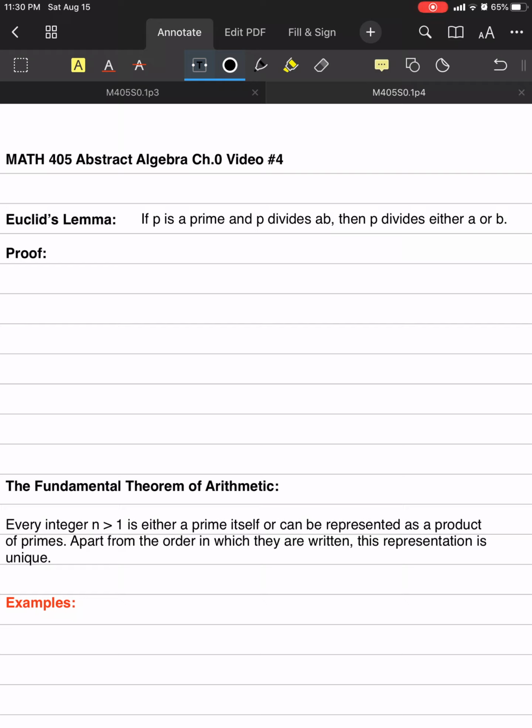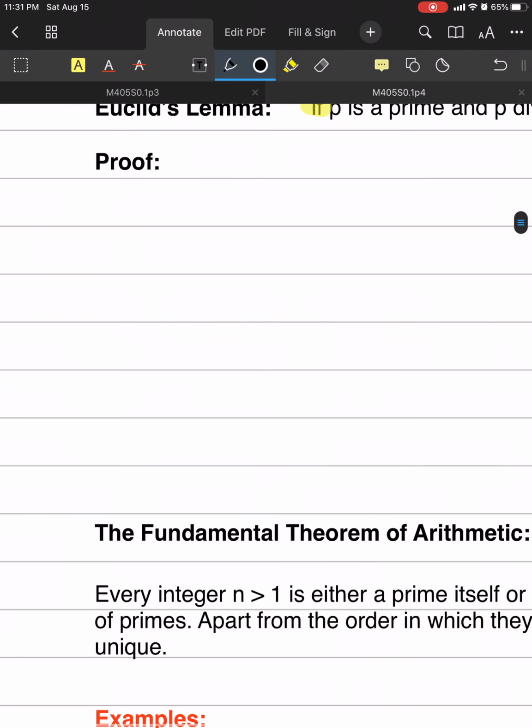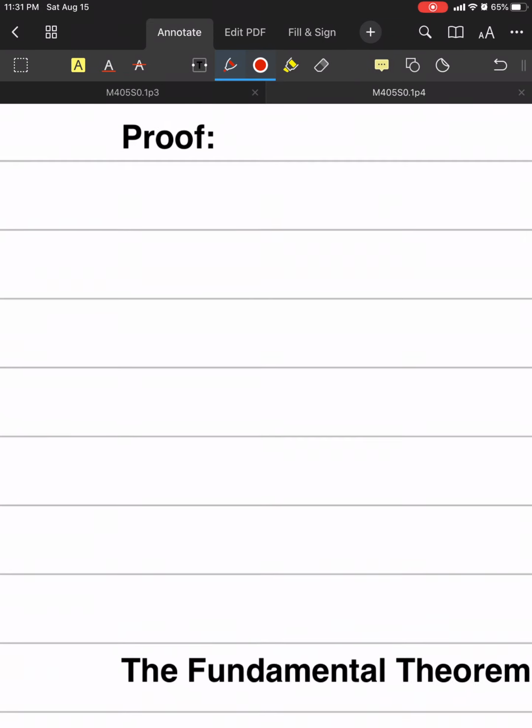So what I would like to do first here is to talk a little bit about how we prove statements like this. This is one that you'll have seen in some sense a lot before as an if-then statement. So let me go ahead and put some notes over here. Let's make this red. So one part of this you'll be familiar with.